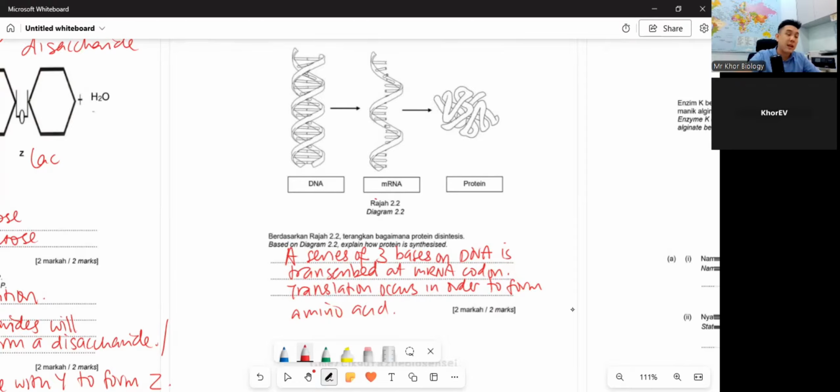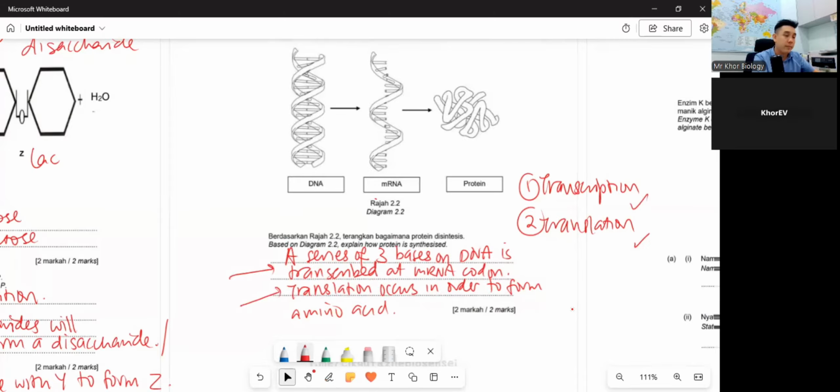But in SPM level, you just have to know that there are two stages, which are transcription and translation. I seldom say this, but I don't recommend you do too much research on this because it is way too deep for your level. So just get to know that there are two steps, transcription and then translation.